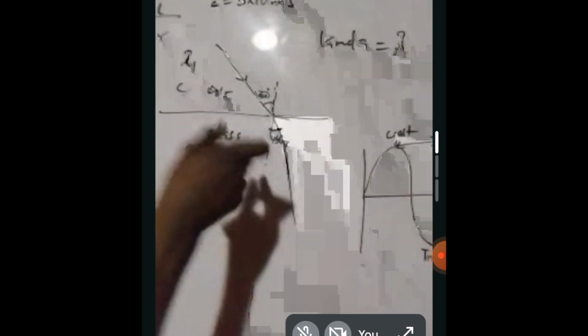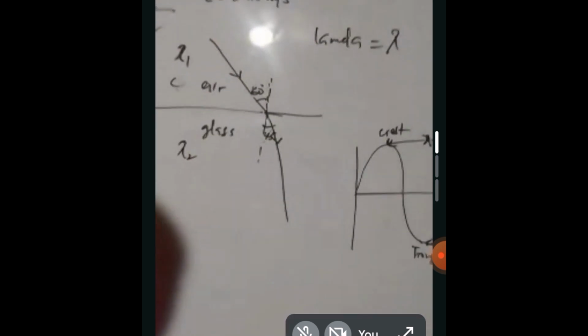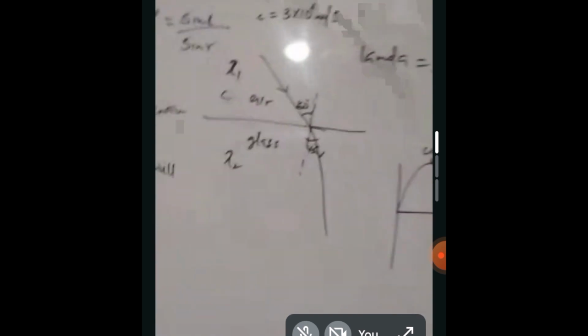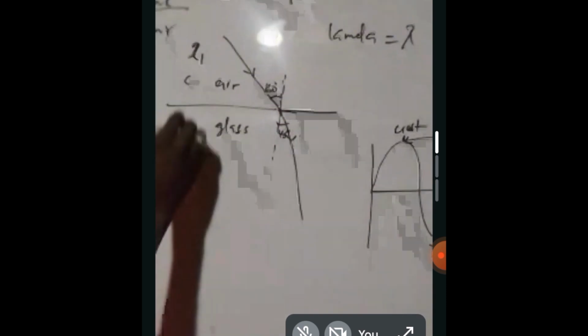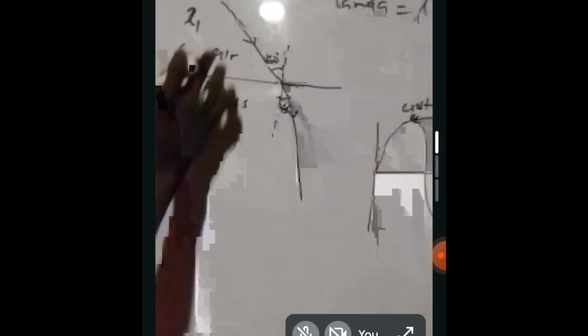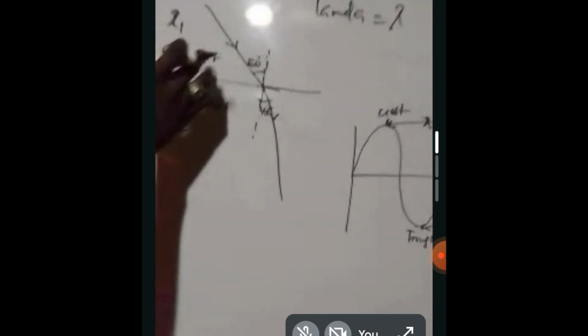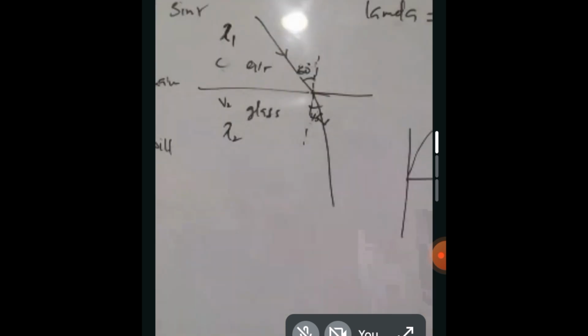The speed of light in the second medium, when it gets to glass, won't be as fast as it was in air. So it is V2. When it's in air, it is V1; when it's in glass, it is V2.